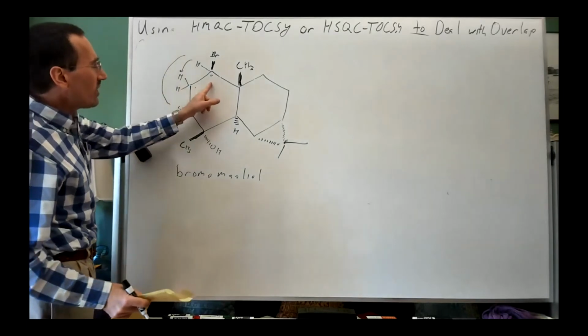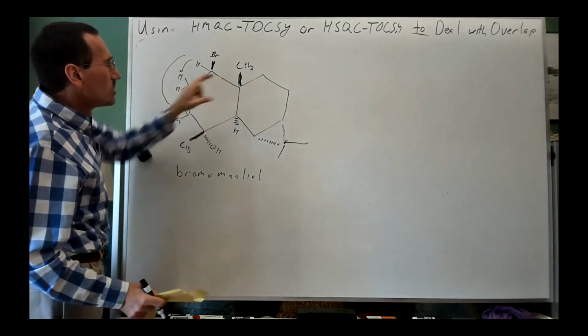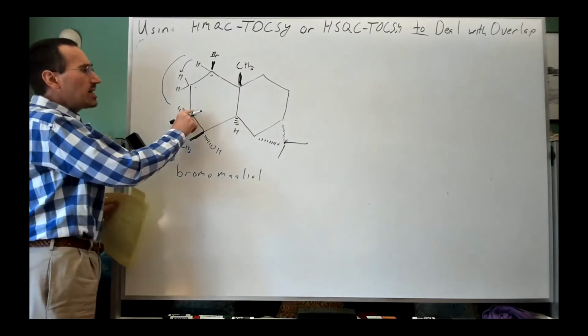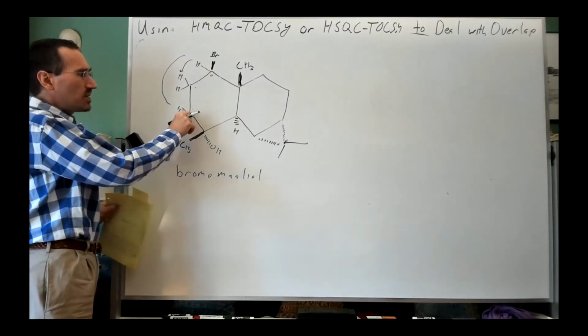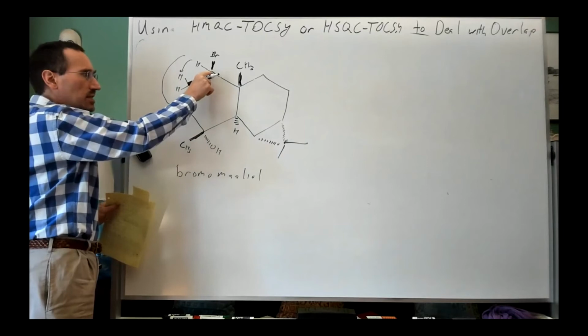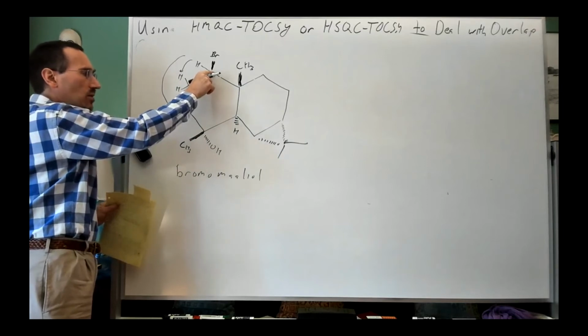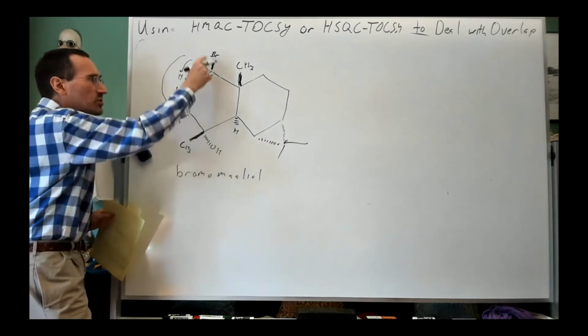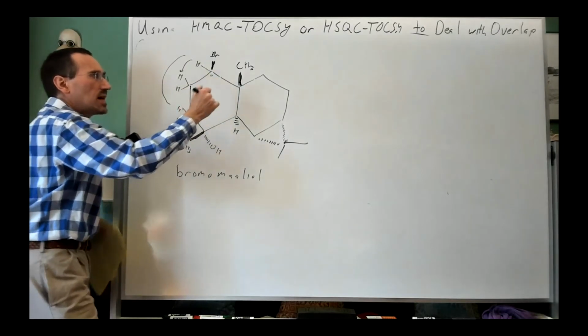In the case of HMBC, you don't need any hydrogens. So sure, we'll get an HMBC cross peak between these CHs and this carbon, or at least we most likely will, but we have to have hydrogens for an HSQC TOCSY.